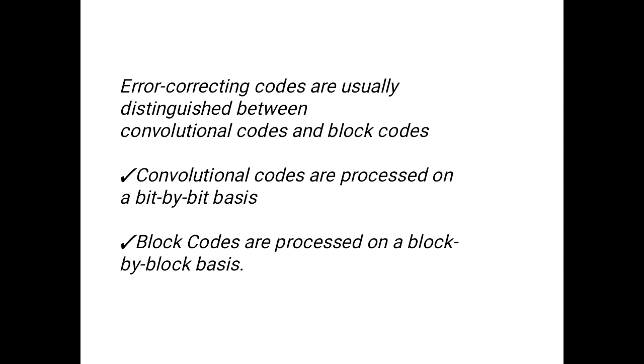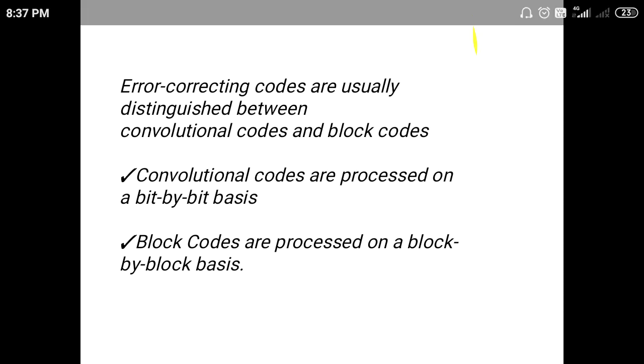Now, error correcting codes are usually distinguished between convolutional codes and block codes. Whenever I told you about the properties of the Fourier transform, I told you about convolution, right? Convolution is one of the properties.